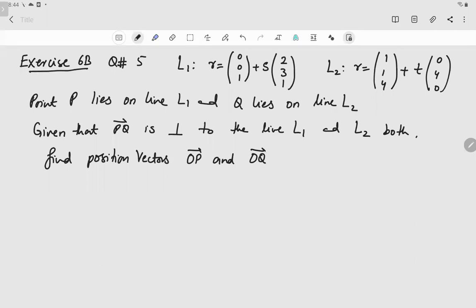The points P and Q are on the lines respectively. Given that PQ is perpendicular to both lines, find the position vectors OP and OQ.